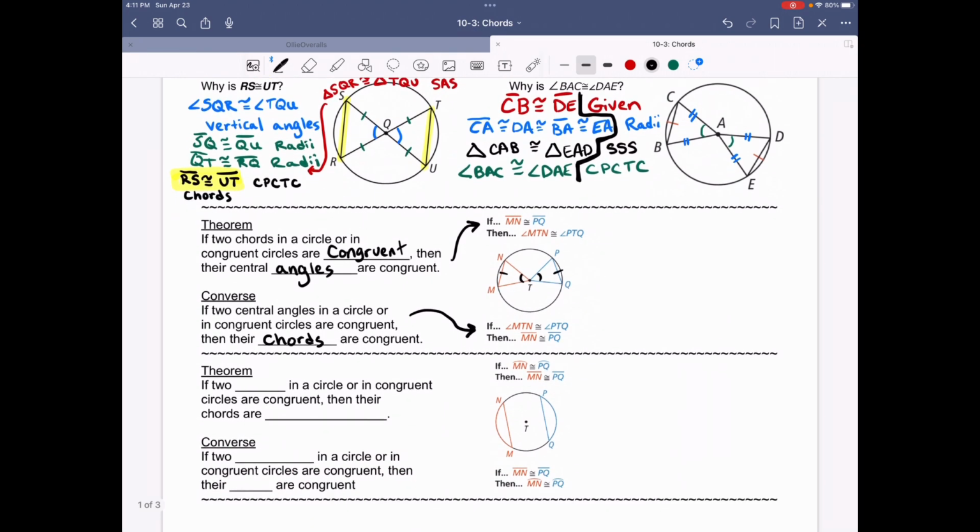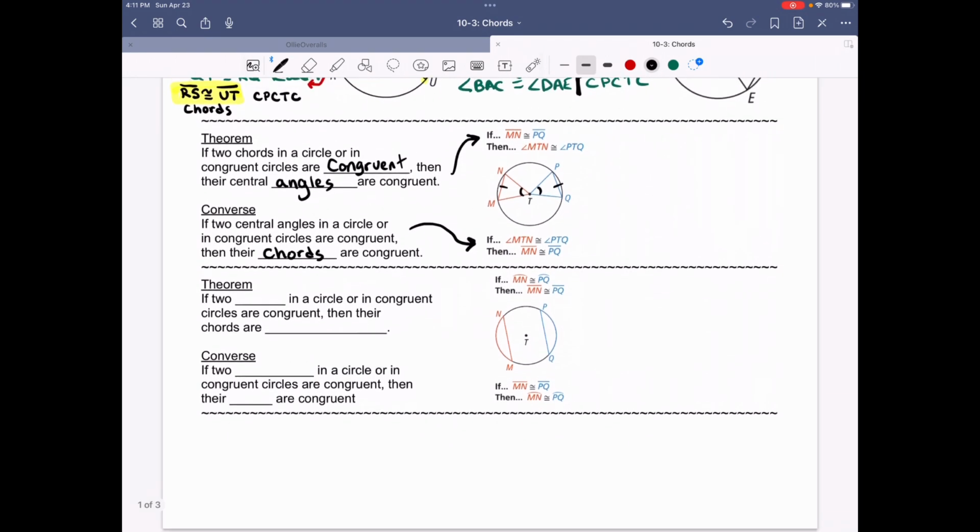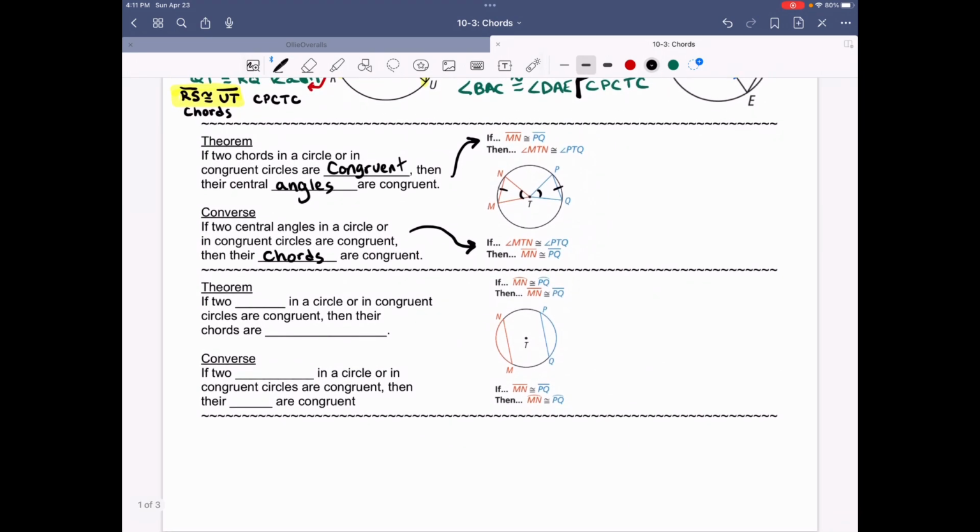This next theorem says if two arcs, we did not prove this one, but if two arcs in a circle or in congruent circles are congruent, then their chords are congruent.